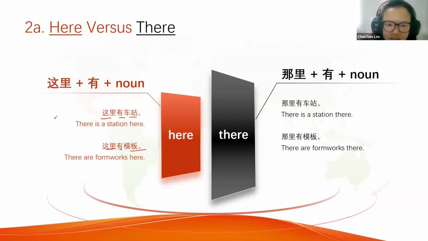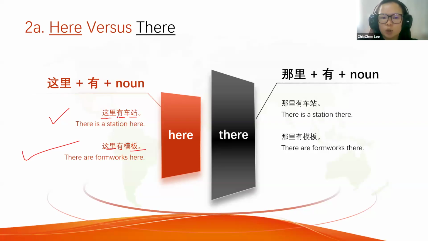You see the difference: one sentence is singular and the other is plural. However, in Mandarin we don't really bother whether it's singular or plural. We just say 这里有车站, whether there is one station or many stations. But you can also say 这里有很多车站.